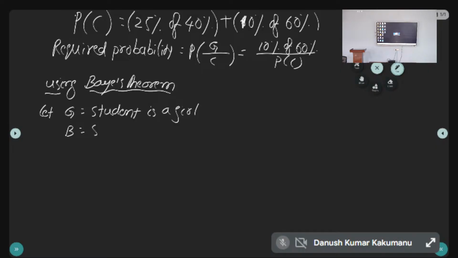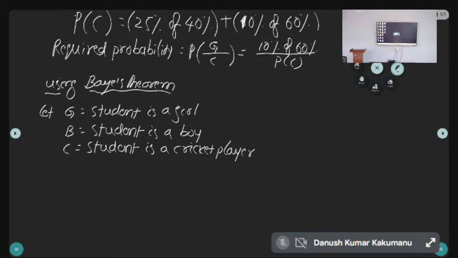B: student is a boy. C: student is a cricket player. What is given? P of G means the percentage of girl students. That is 60%. Probability of boy student, 40%.